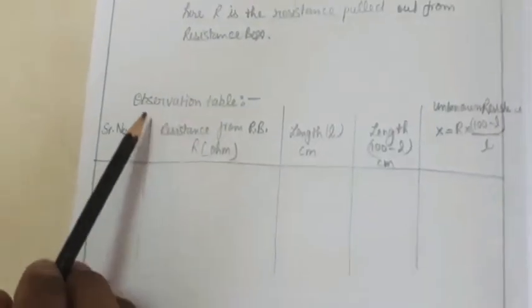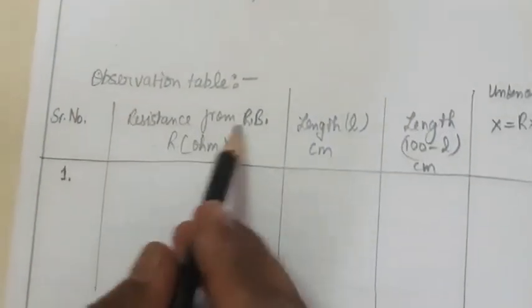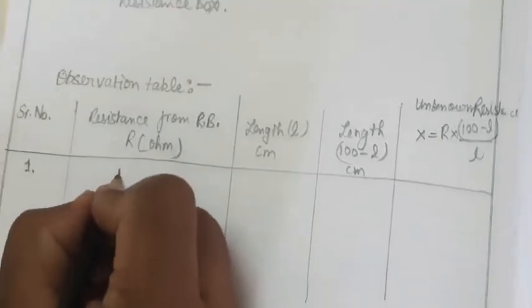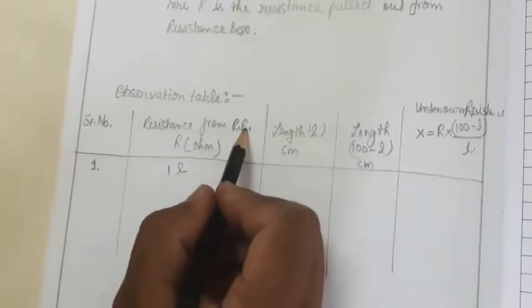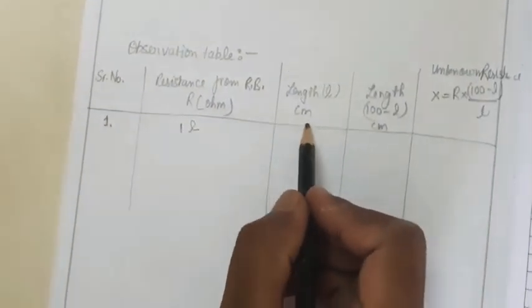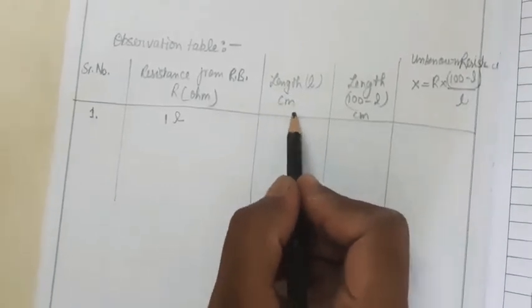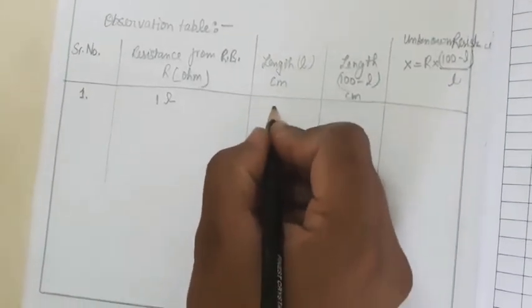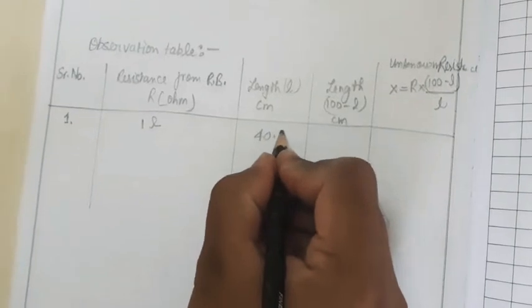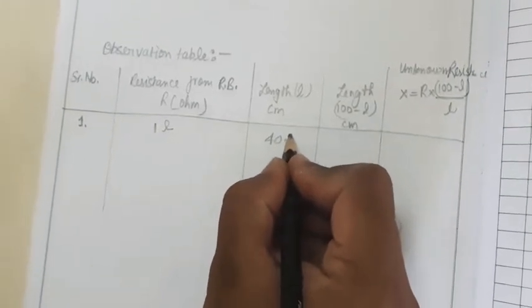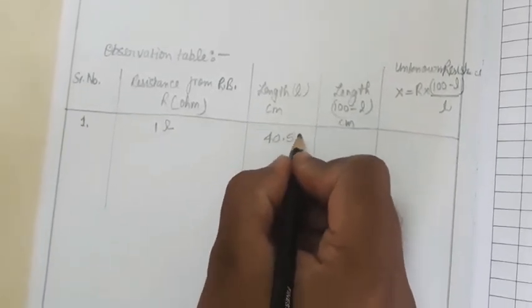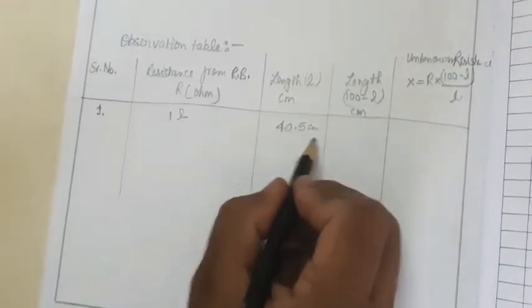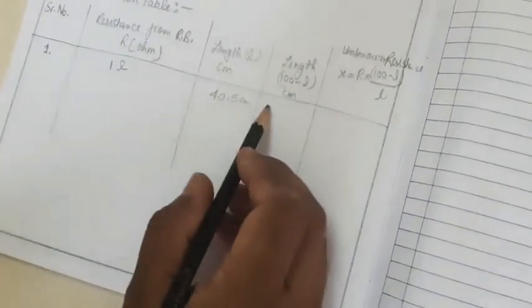Now in the observation table you can see, in the first observation, I have pulled out 1 ohm resistance from the resistance box, and I have found the balancing point at the length of 40.5 centimeter.